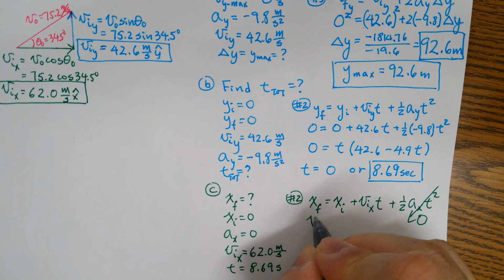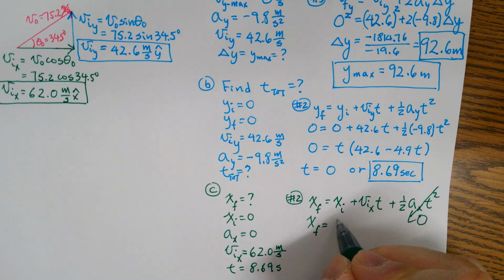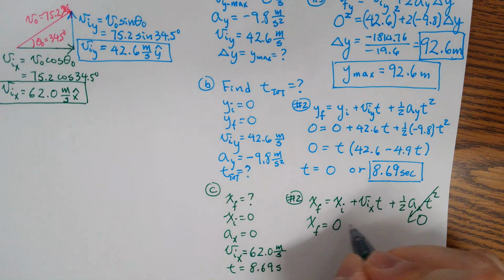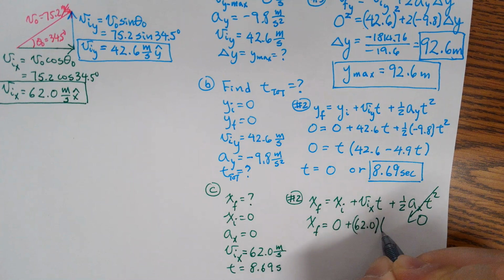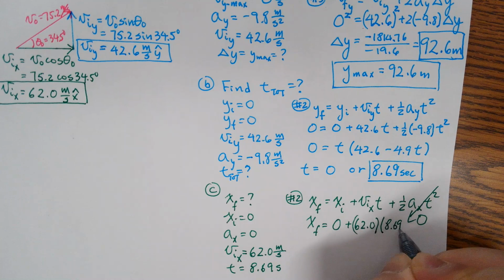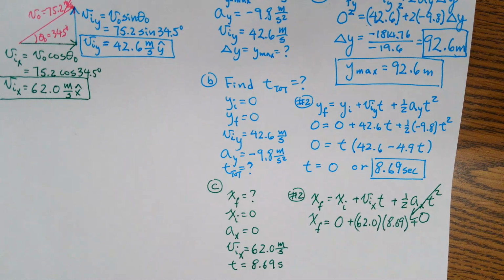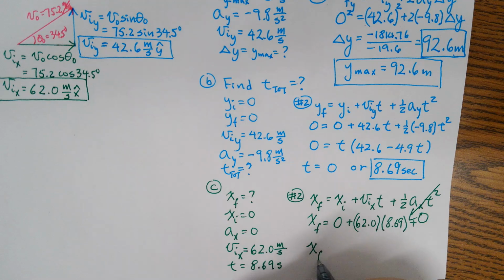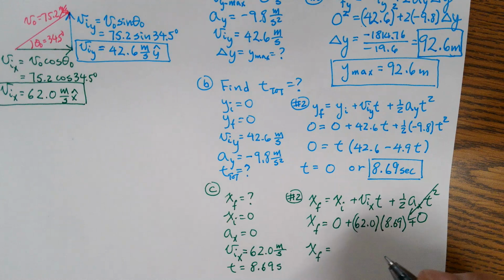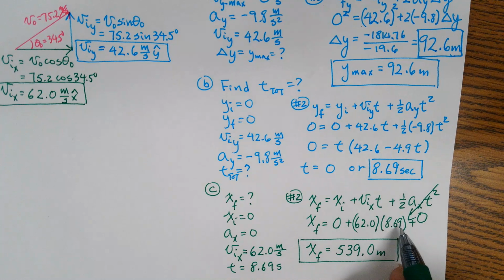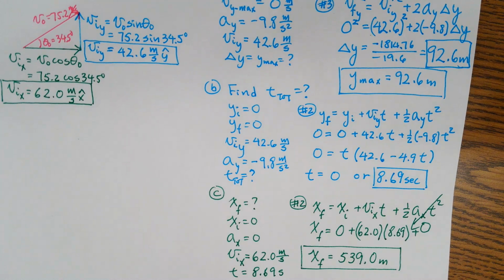So x final is equal to x initial, 0, plus v initial x, 62.0, times time, 8.69, plus 0. So our x final is equal to something like 539.0 meters. I used the unrounded number to calculate that, I think.